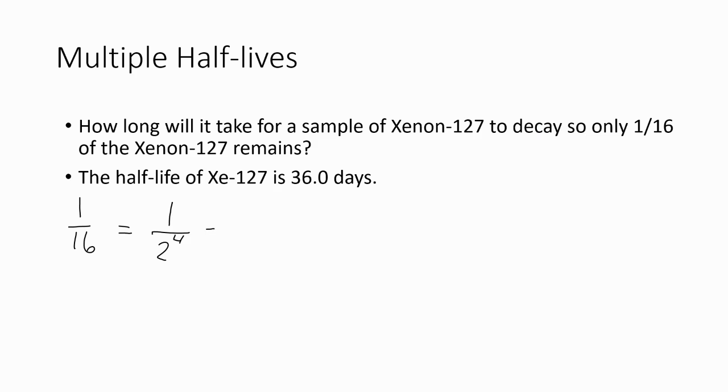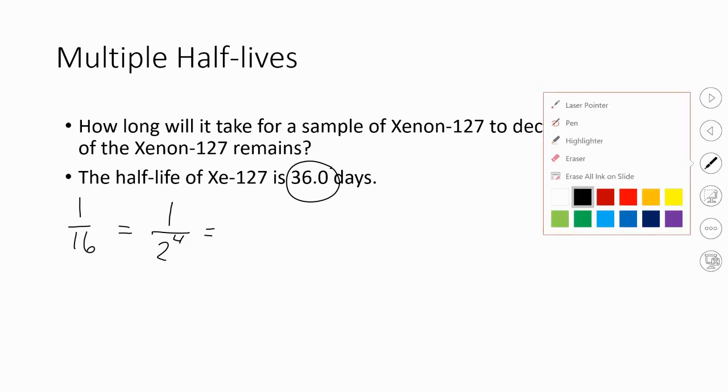So if we've had 4 half-lives, this is how long 1 half-life is. So how do we get 4 of these? Multiply by 4. So 36 times 4.